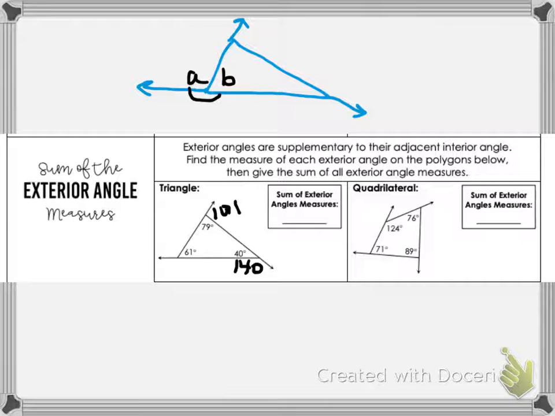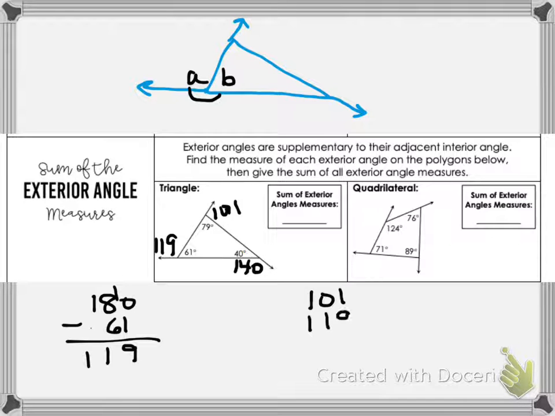If the interior angle is 61, the exterior angle is going to be 119. So what happens when we add up all of those numbers? We get 360 degrees.